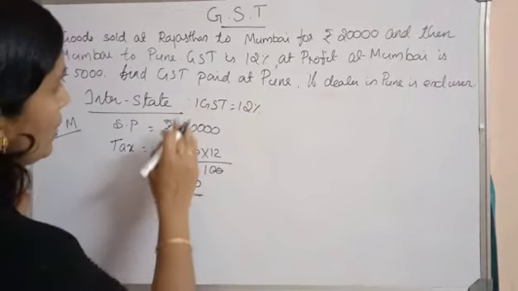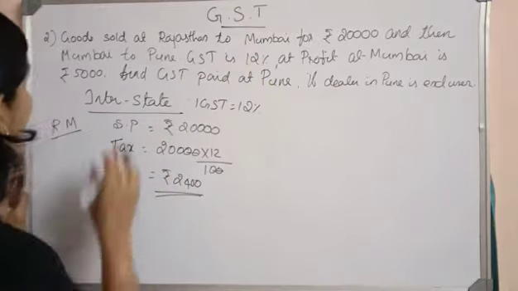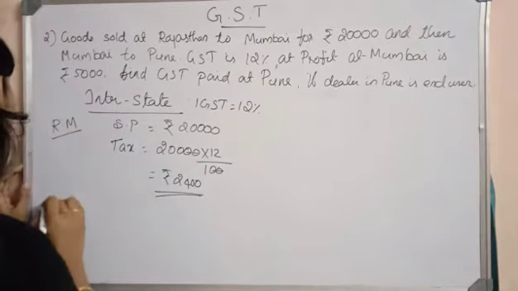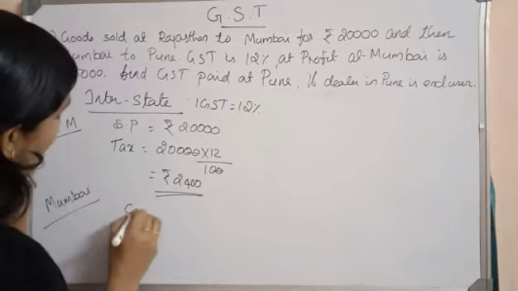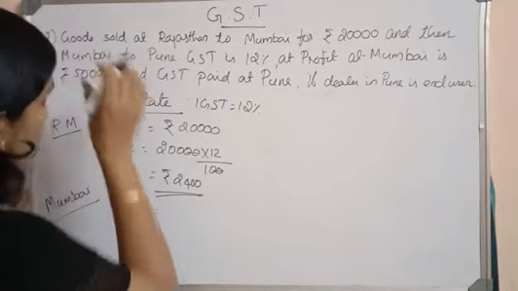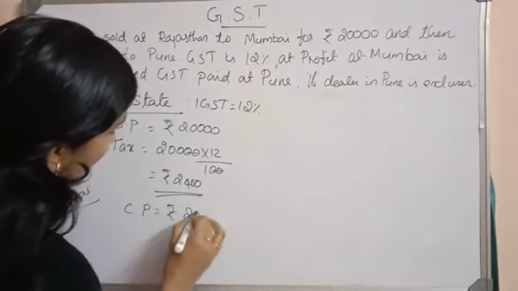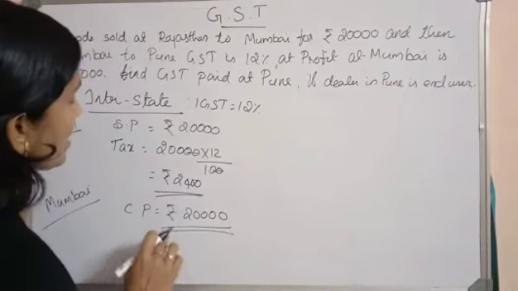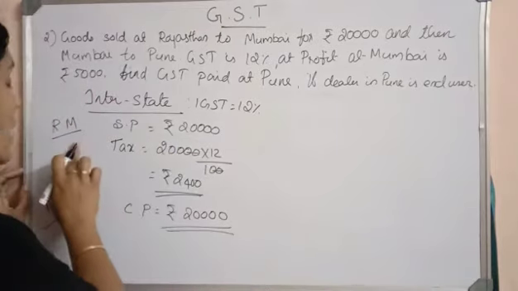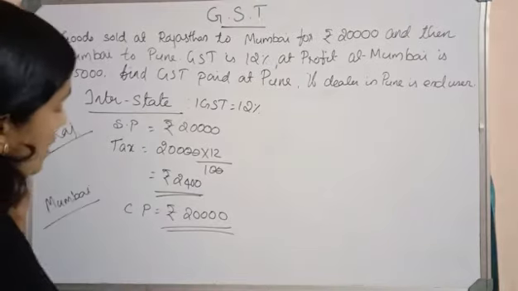Now, when we consider Mumbai, the cost price of the goods at Mumbai is rupees 20,000 itself. The cost price is same as the selling price at Rajasthan.